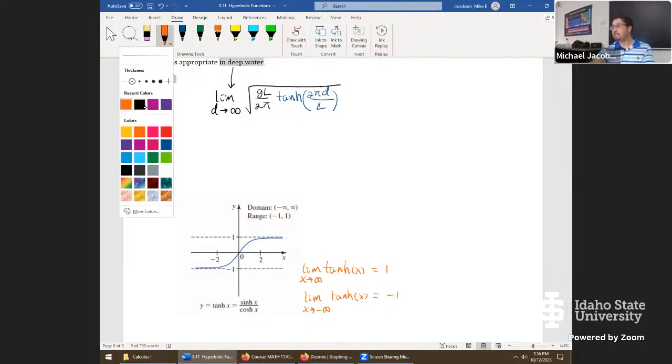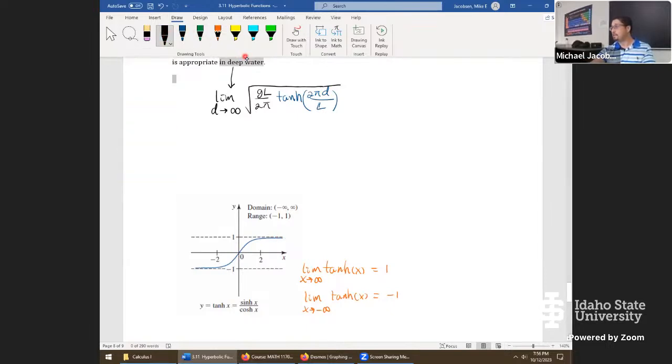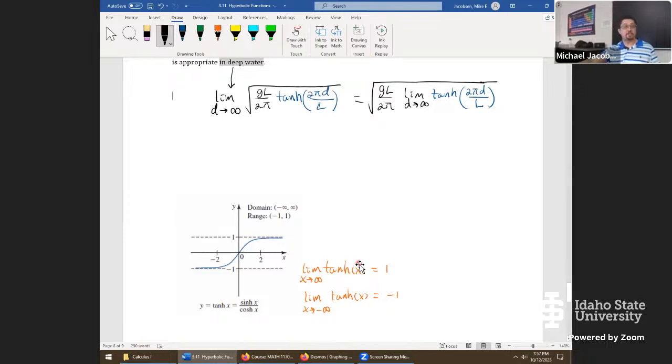So this turns into the limit as the depth goes to infinity of the square root of GL over 2 pi times hyperbolic tangent h of 2 pi d divided by L. Much like x right here is a quantity that's getting larger and larger, so is 2 pi divided by L times d.